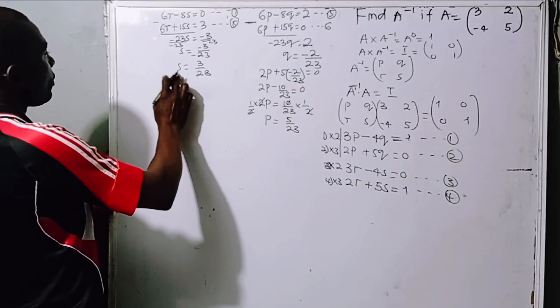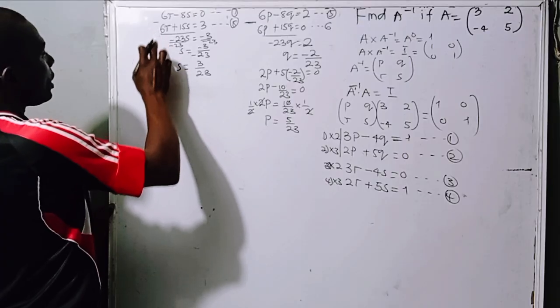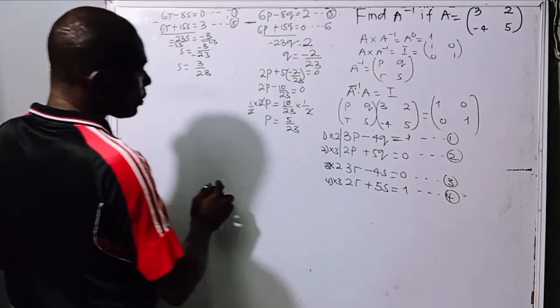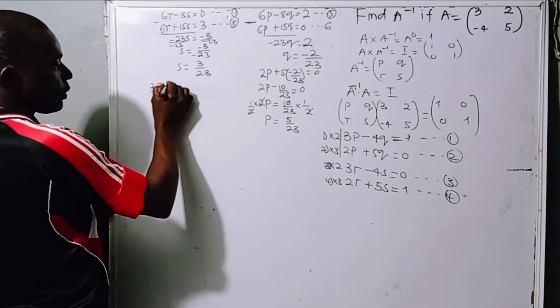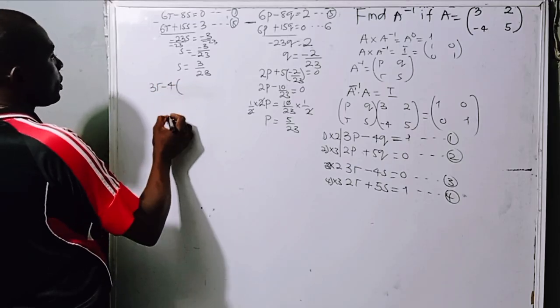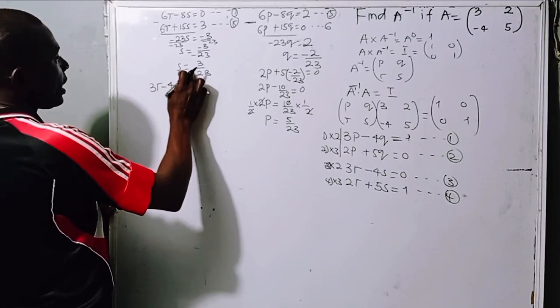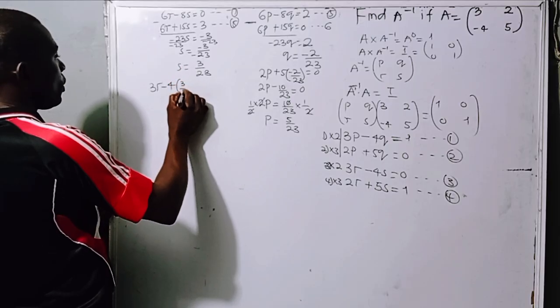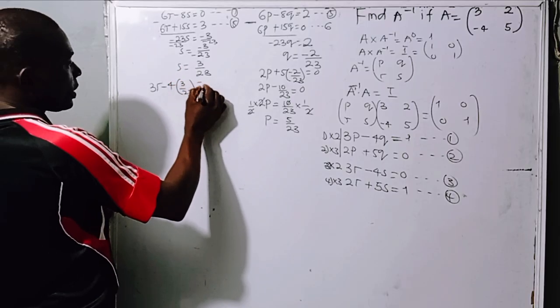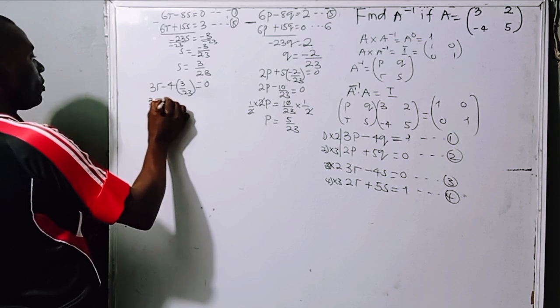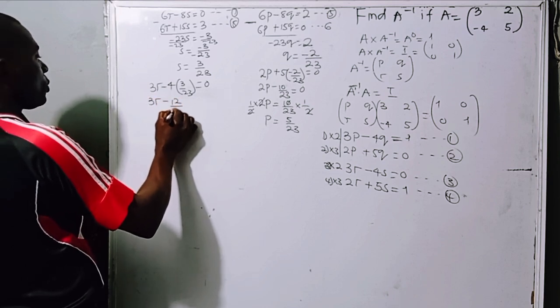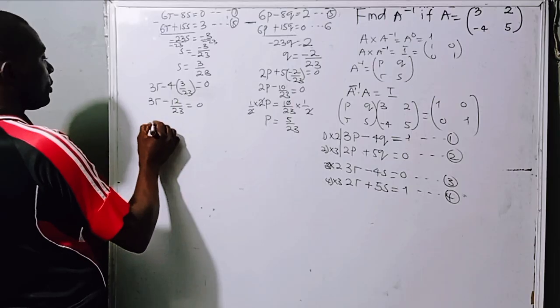So we'll put the value of x into equation 3, which is 3r minus 4x, and x is 3 over 23, equals 0. So here we have 3r minus 12 over 23 equals 0.